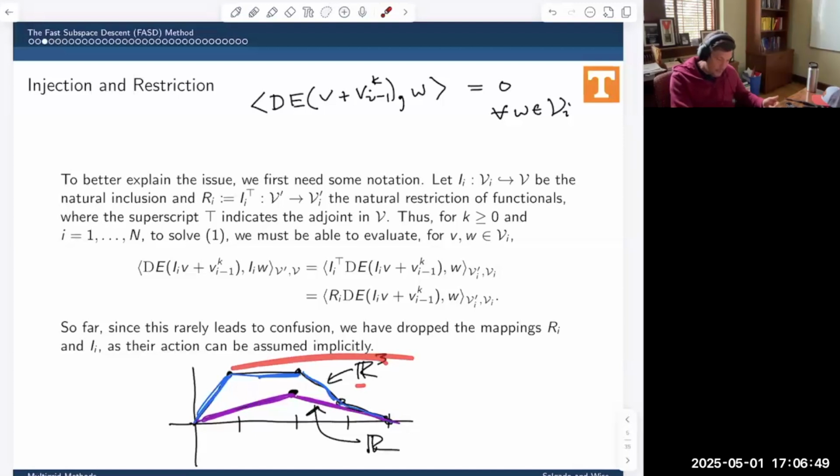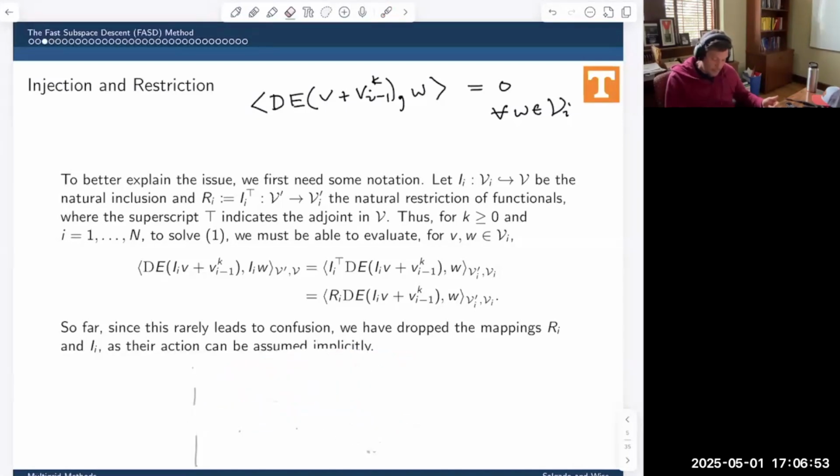All right, now this inclusion operation, that's all very natural. Just Vi as a subset, subspace of V, so everything makes sense. But what about this? I'm going to think about the transpose of this operation.